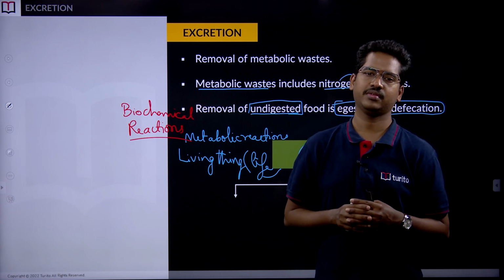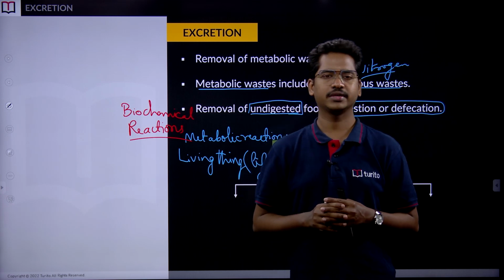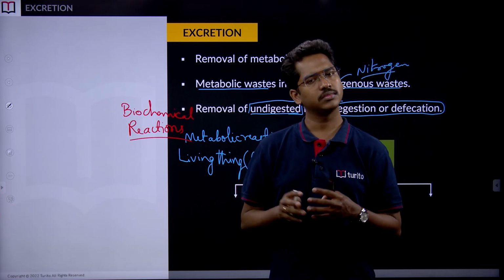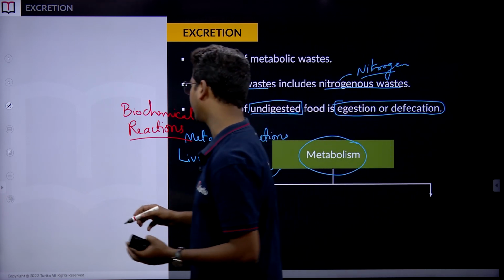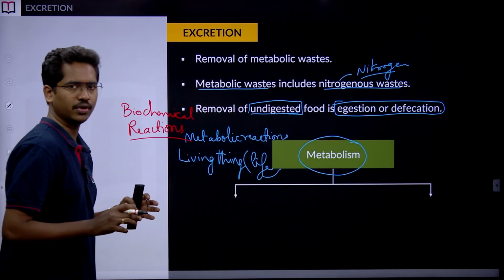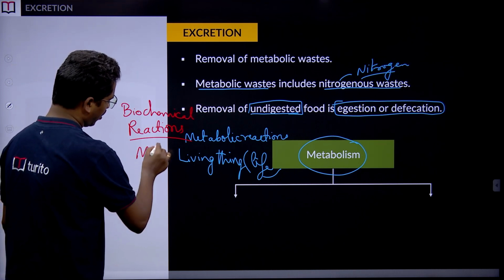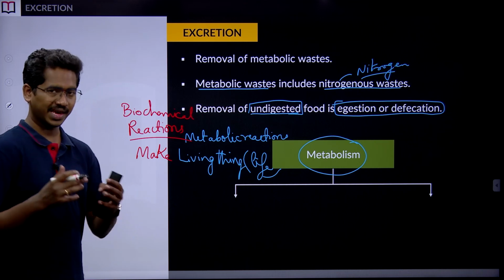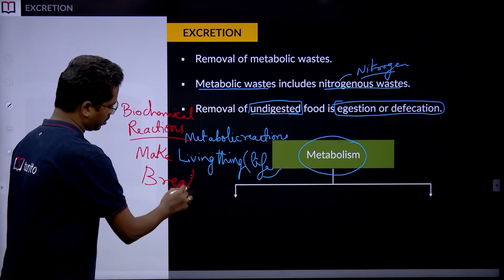Okay, I see some response here. Okay. So, biochemical reactions, as you dropped in, occur in the body in order to make something or to break something. So, I would like to write here for you. These biochemical reactions are happening here. Why are they happening? Because to make some substance in the body or to break something in the body.